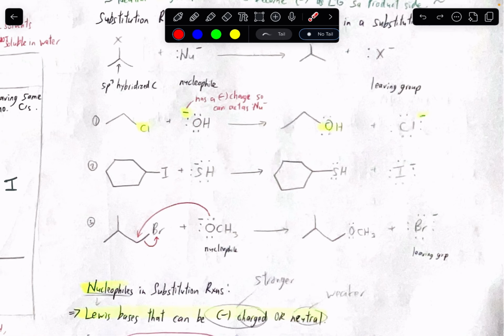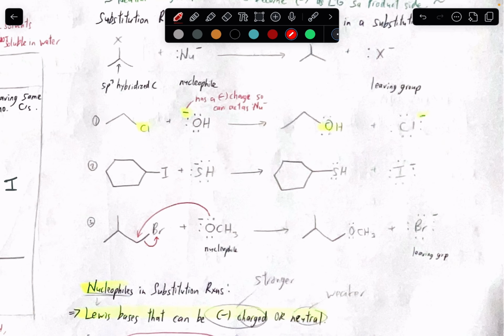It says you cannot conclude that weak bases are good nucleophiles. It leans more to the idea that strong bases are generally good nucleophiles. So essentially this is our nucleophile, this is our leaving group, the halogen, and this is our substrate. Okay?